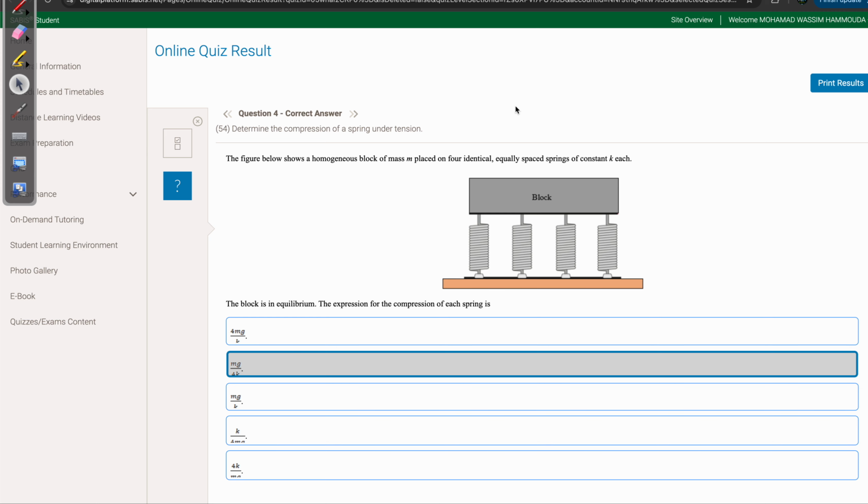Okay, the figure below shows a homogeneous block of mass m placed on four identical equally spaced springs of constant k each. The block is in equilibrium. Let's draw the free body diagram of the block. There is the weight, which would be mg.